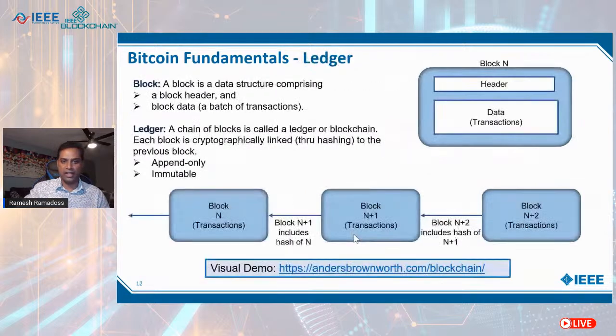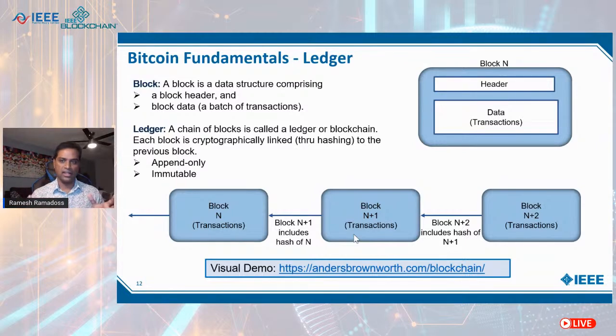But let me move on to the next topic, which is the ledger. We talked about how Bitcoin is basically a distributed ledger on a peer-to-peer computer network. So what is a ledger? Before we talk about the ledger, let's talk about the block. A block is a data structure comprising a header and a batch of transactions.